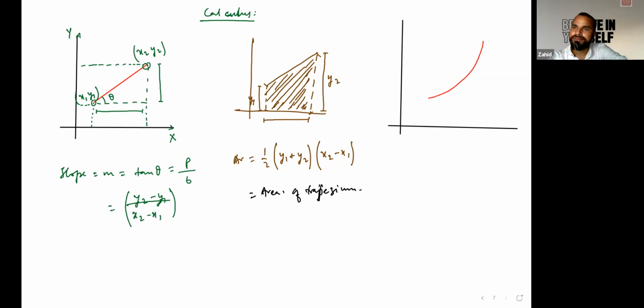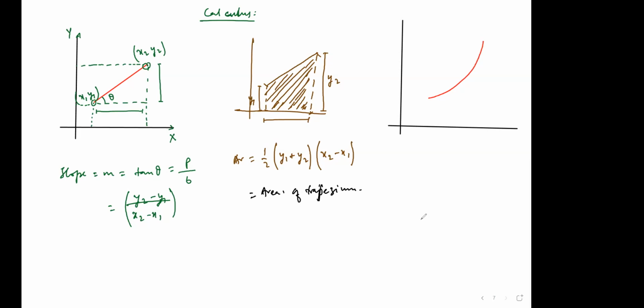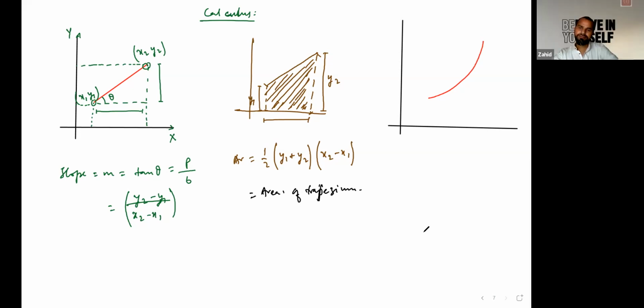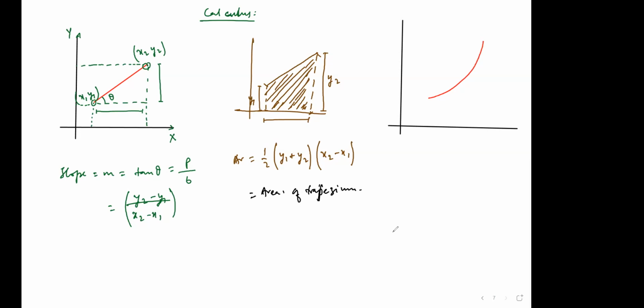Have all written? Writing a trapezium. Okay. Khalid, do you have a doubt? Hiba, any doubt? No, sir, no doubt. No, sir.